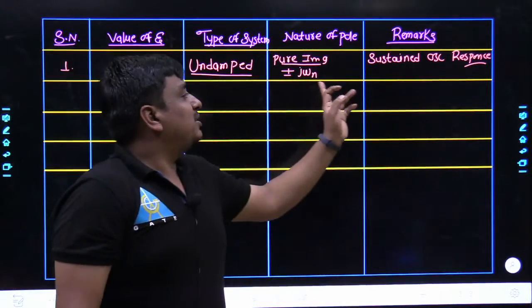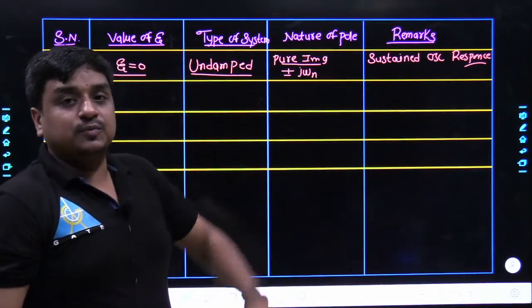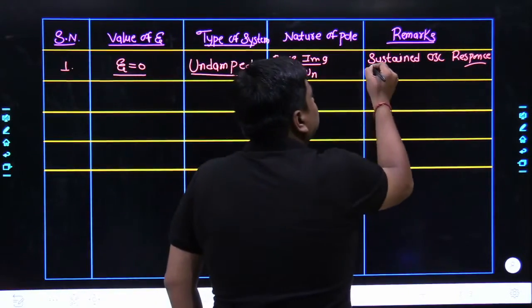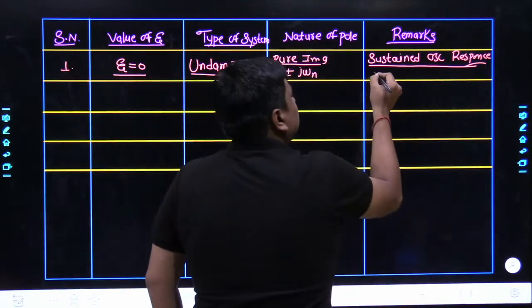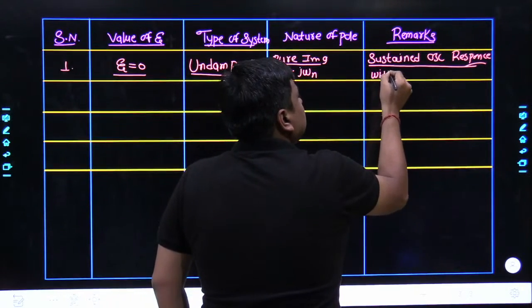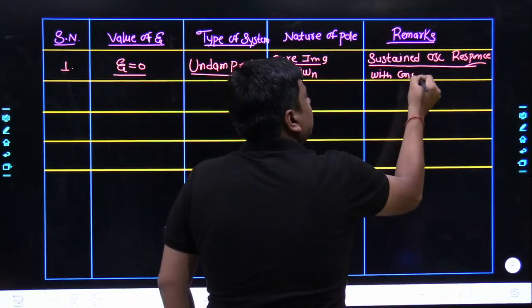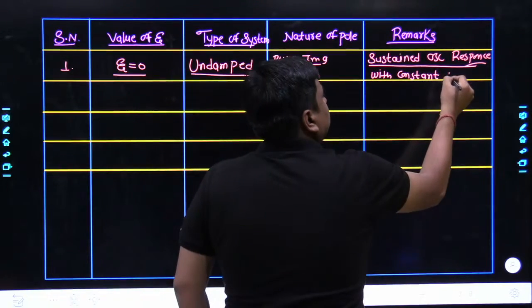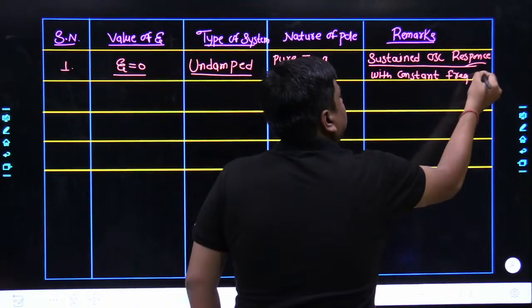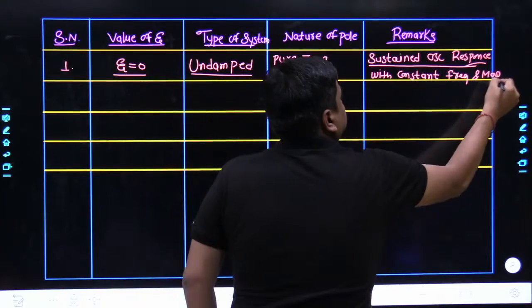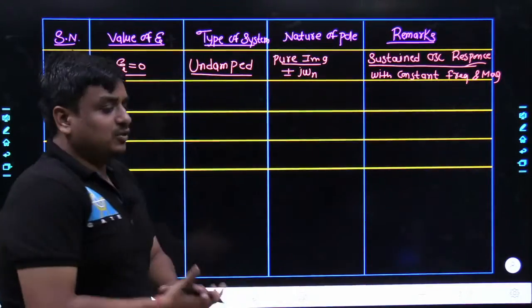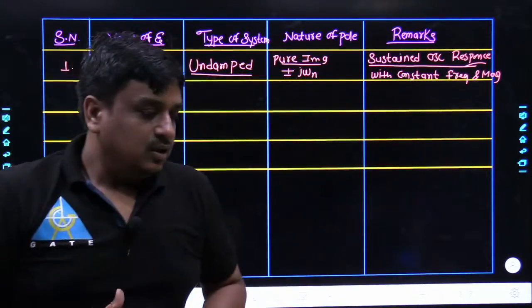Yes, it's going to be a sustained oscillatory response. Nobody should have any doubt as such over this. Or you can write with constant frequency and magnitude. Till this point, each and everything must be clear to all of us.